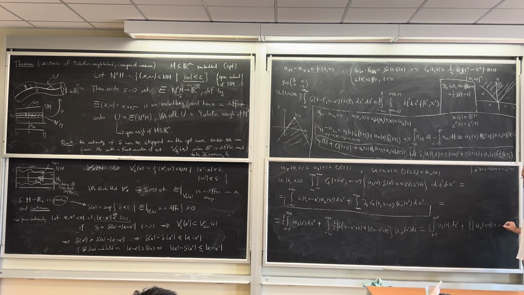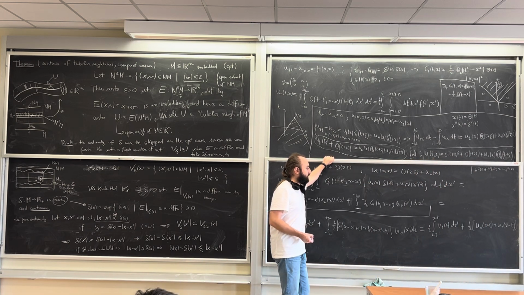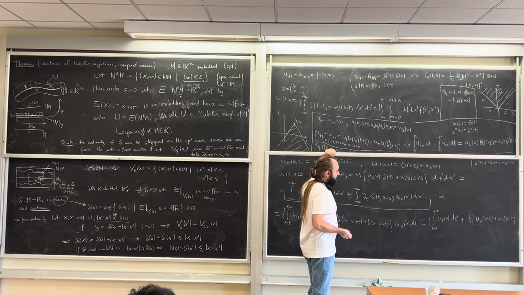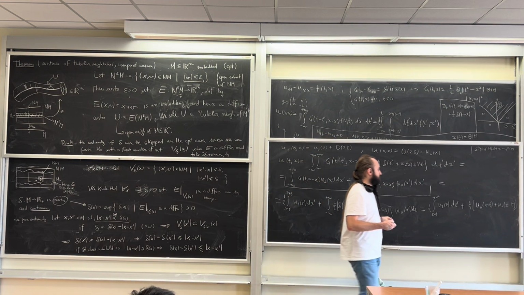So it is u0 of x minus t. And actually, this solution can be written in some other form.